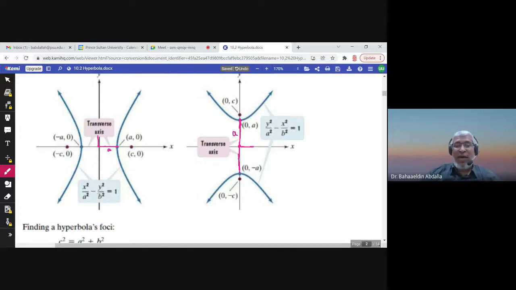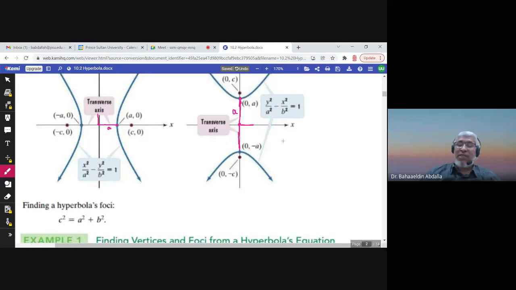So how to find out from the equation that this is a horizontal hyperbola and this is a vertical hyperbola? Always a, the distance between the center and the vertex, is below the positive coefficient. So x squared here has a positive coefficient, so a squared is below x squared. y squared here has a positive coefficient, so a squared is below y squared. So a squared always has a positive coefficient, okay?